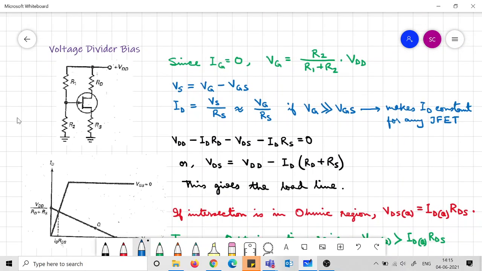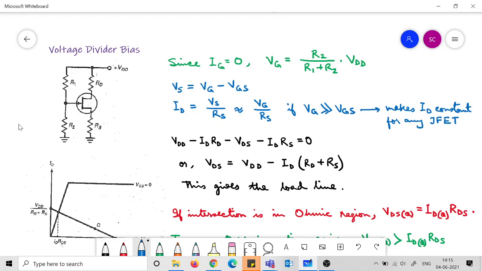Now the next one is the voltage divider bias. In the voltage divider bias, it is a similar thing as we have done in the BJT. There is a voltage divider like thing on the input side. In the BJT we assume that IB is 0, and here the assumption is more strong.